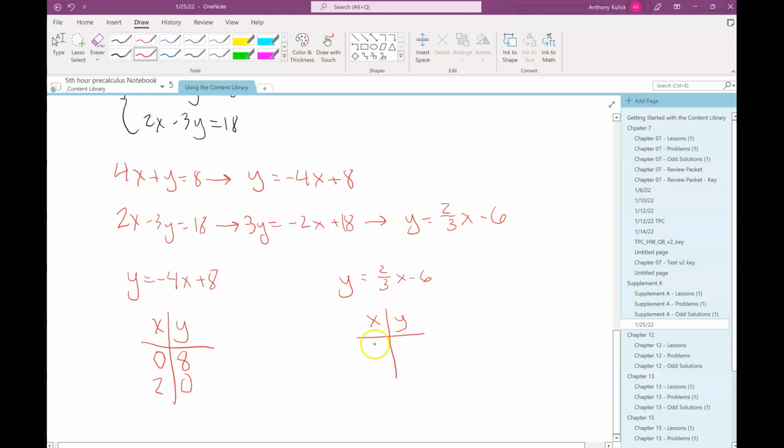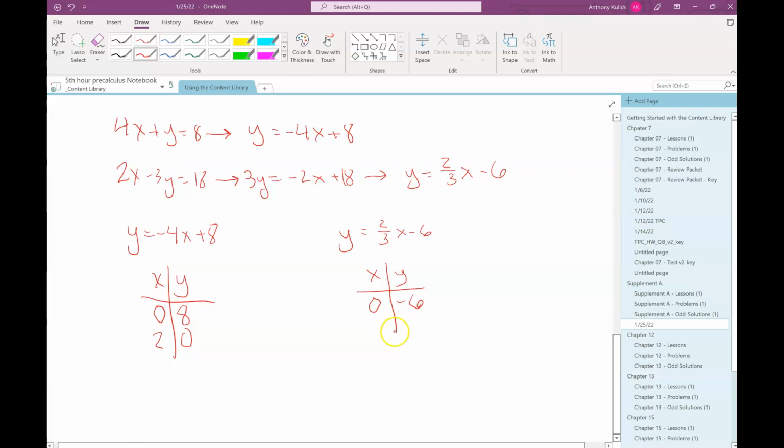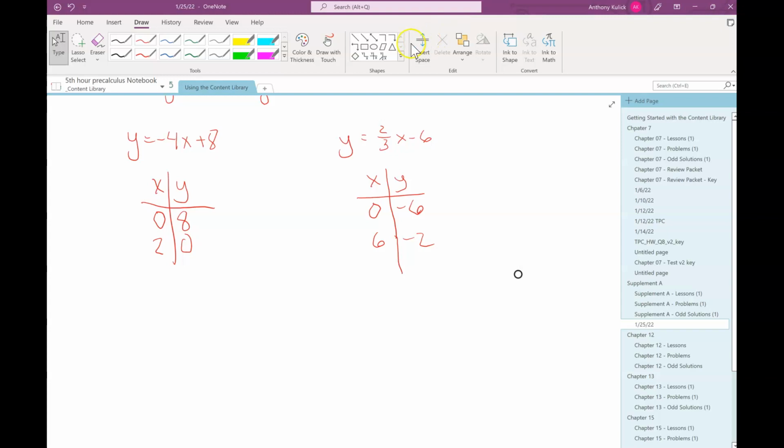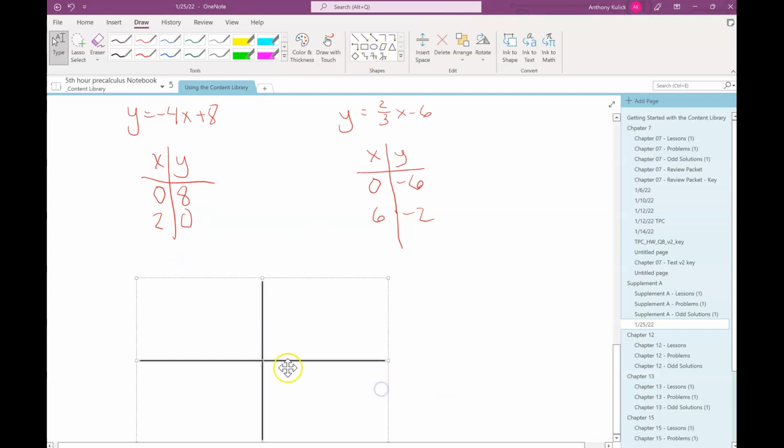Do the same thing over here. I plug 0 in, I get -6 for y. And then maybe I plug in 6 for x, and that gives me -2 for y. So now that I have 2 points on each line, and you could always generate more than 2 points if you wanted to.